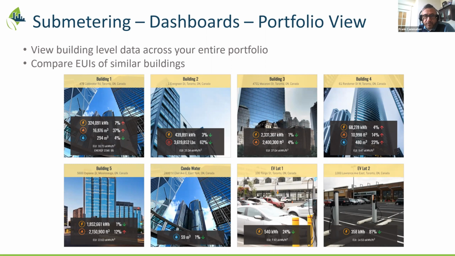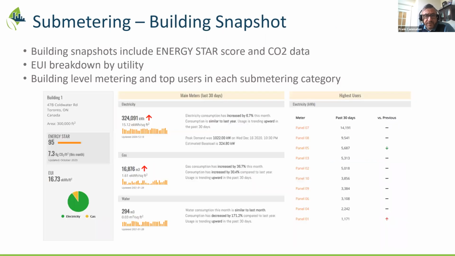Again, this is kind of a portfolio view. And then this is another sample, a building snapshot. So that was a portfolio view, but this is a good snapshot of what a building is doing. The good thing about this one is you can get things like Energy Star scores presented right in the snapshot. CO2, again, is one of the main impetuses for this webinar, emission reduction, so you can get that breakdown here.